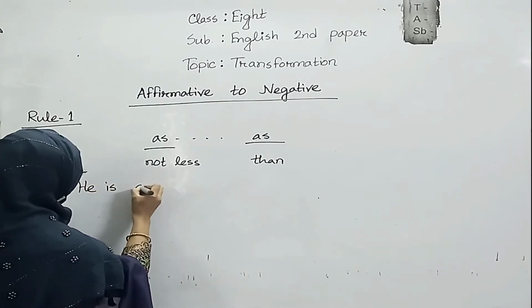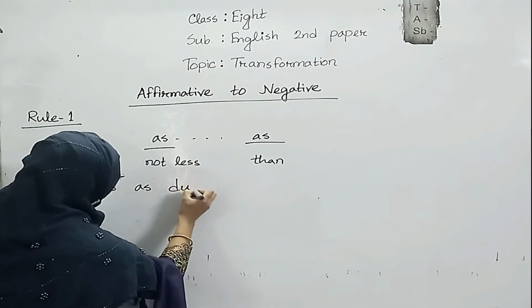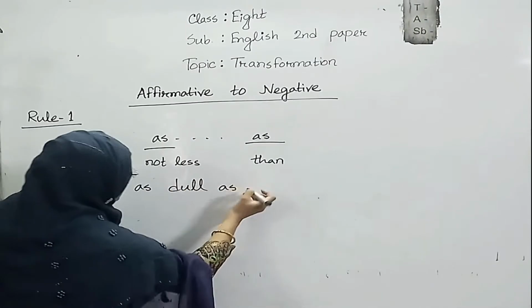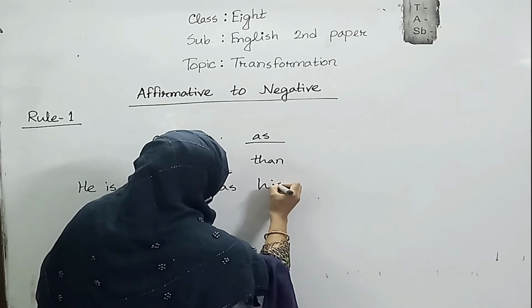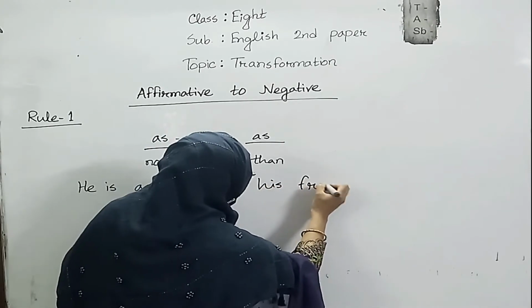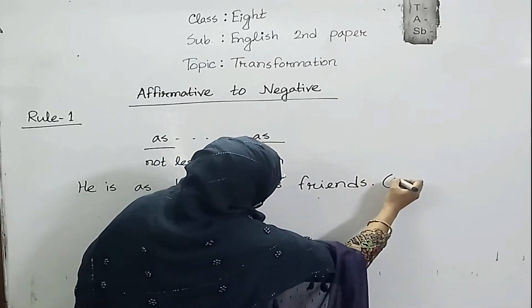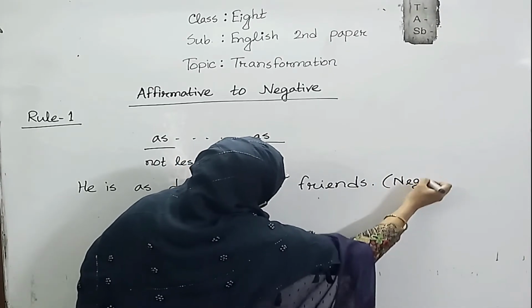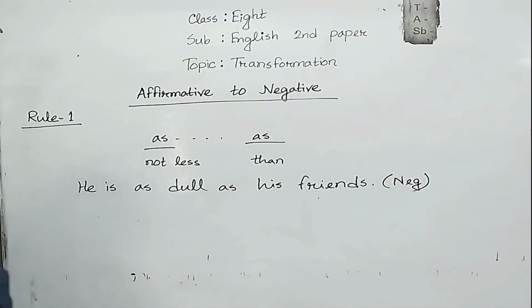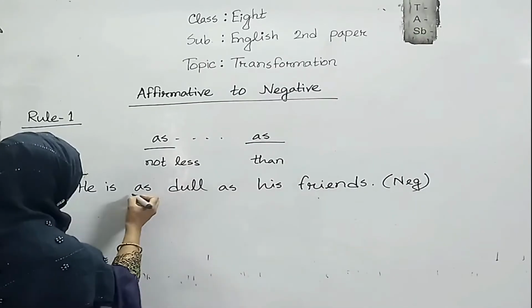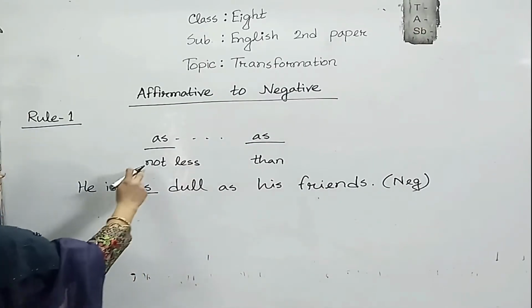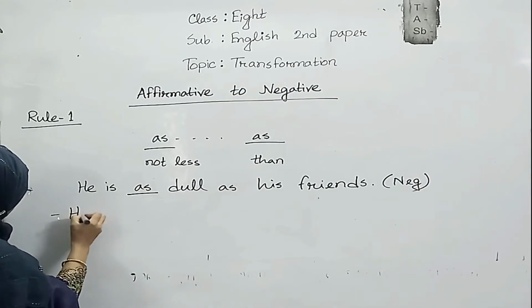He is as dull as his friends. We have to make it negative, and according to the rule, we have to write down for the first "as", "not less".